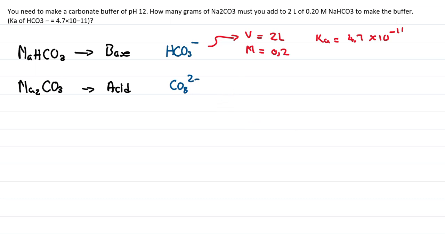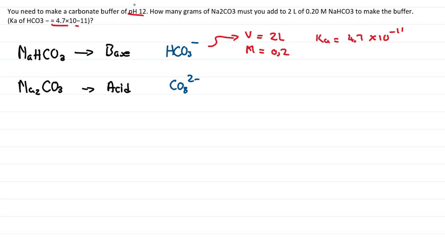So we need to find the mass of sodium carbonate, which we must add to this amount of sodium bicarbonate. We are also given the pH and Ka.